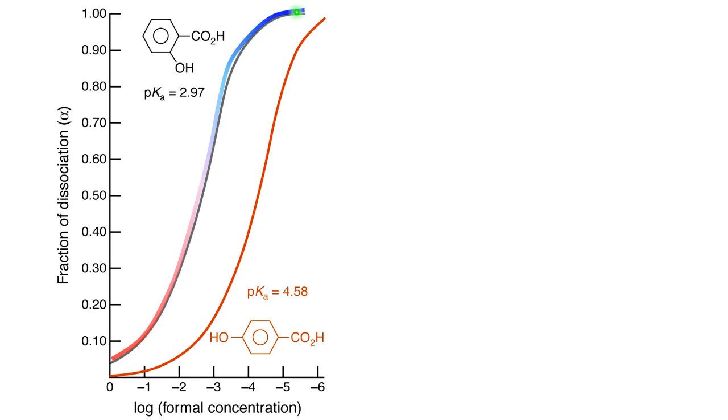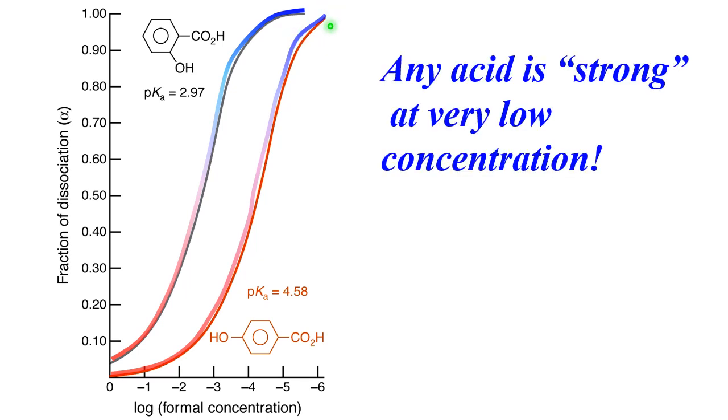See, here it's a strong area, here it's a weak area, and here it's something intermediate. If we look at the second example, we see the same behavior. Somewhere around 1/2 we have a weak acid, and then we have something relatively close to strong. So any acid is strong at very low concentration.